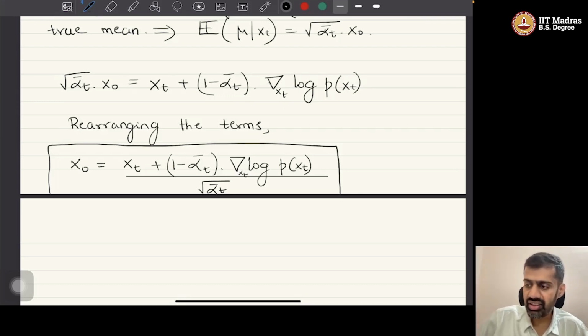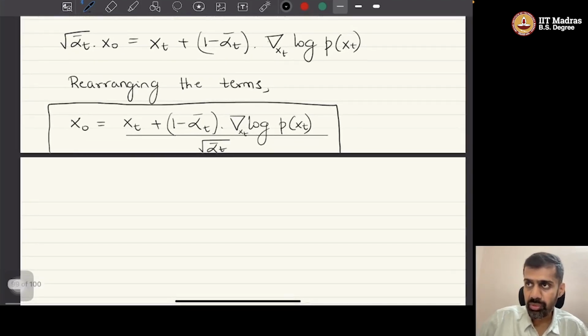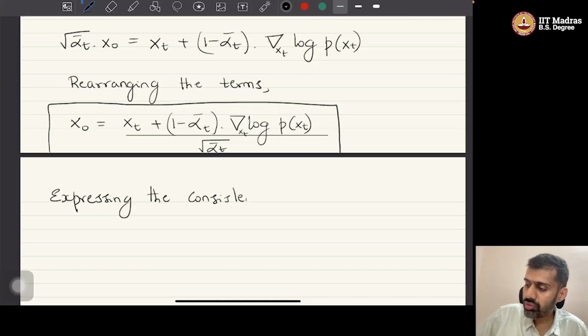That is the equivalent interpretation that we have. So now expressing the consistency term in terms of score functions.